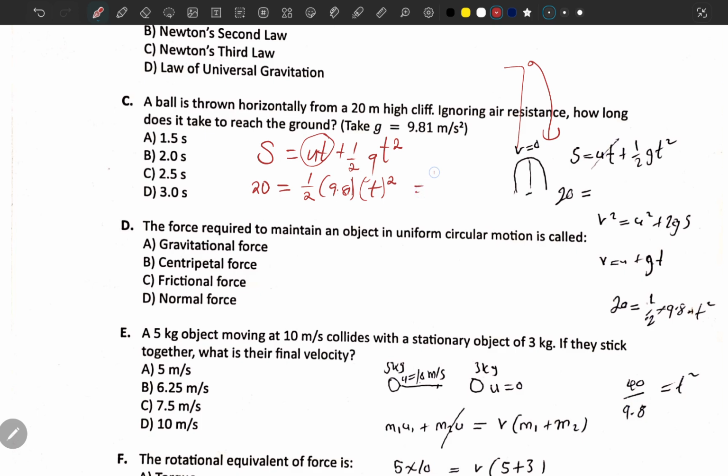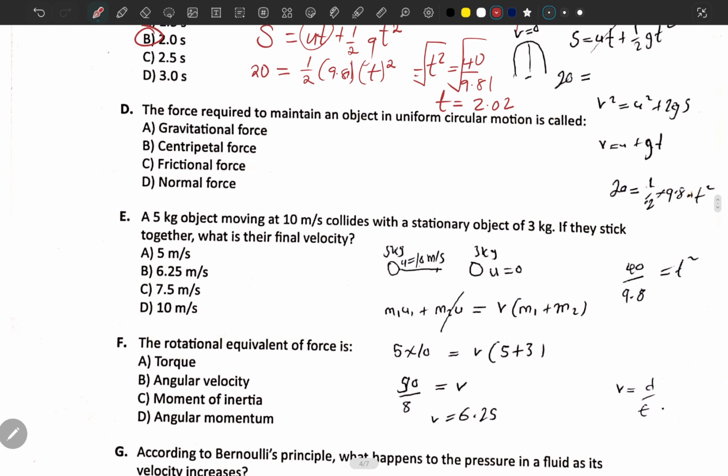Or just cross multiply, you have t squared equals 40 over 9.81. Of course, you do that, and you have your t as 2.02 something like that. So where are we going? On to 2 there.